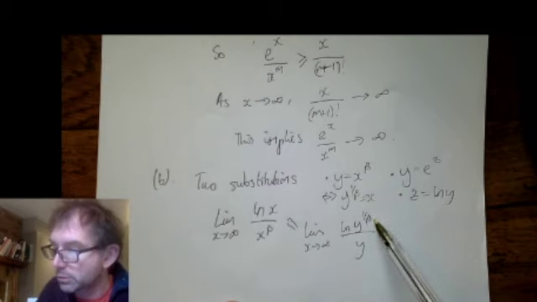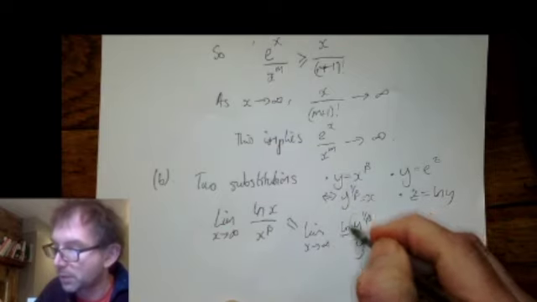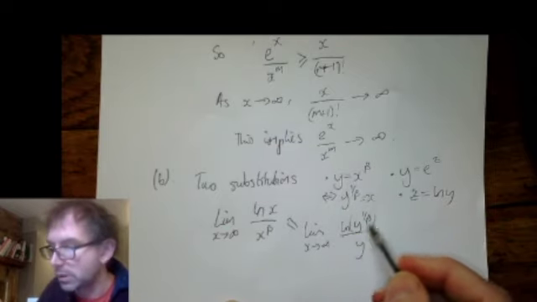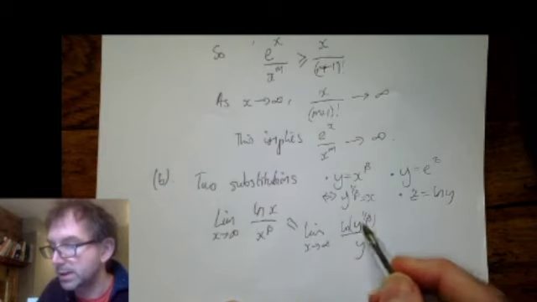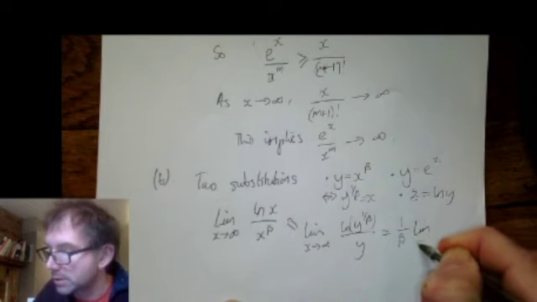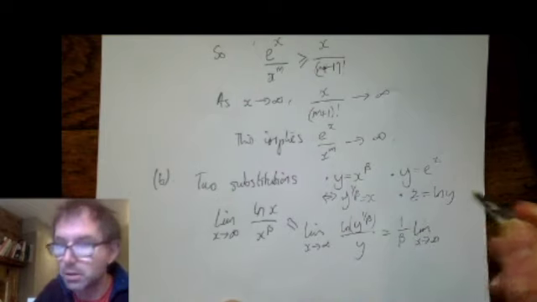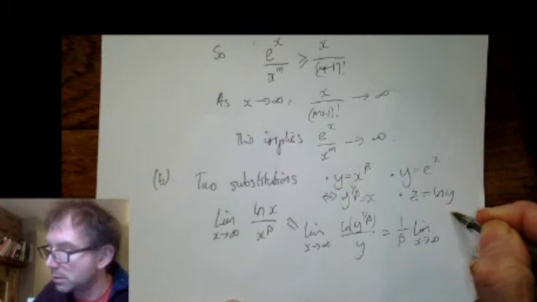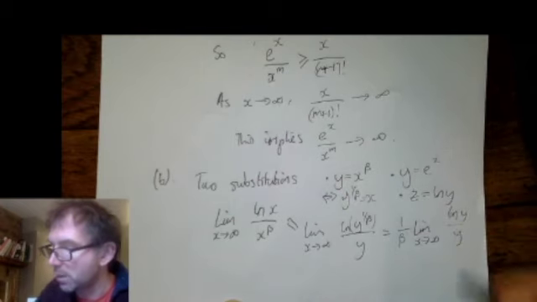But you can use laws of logs and pull 1 over beta outside of this. If you've got log a to the b, then that's the same as b log a. So you can pull that out and you get 1 over beta times the limit as x goes to infinity of log y over y.